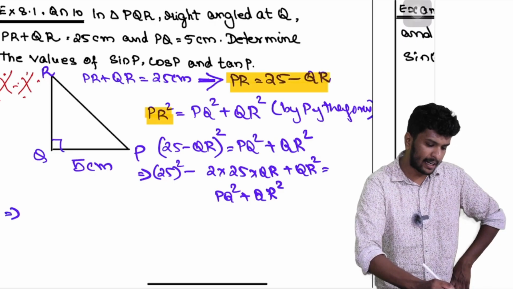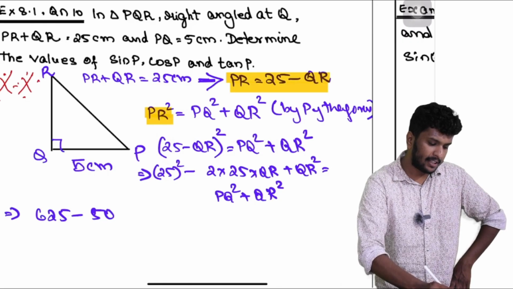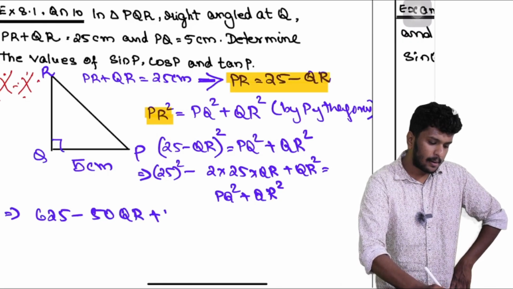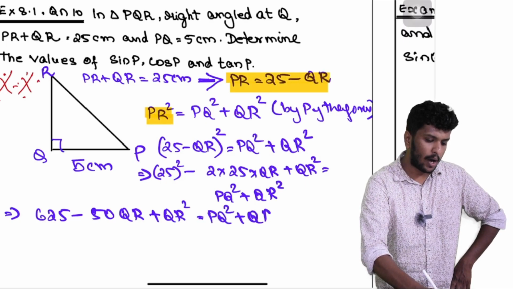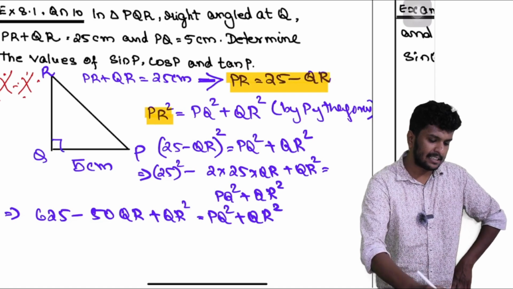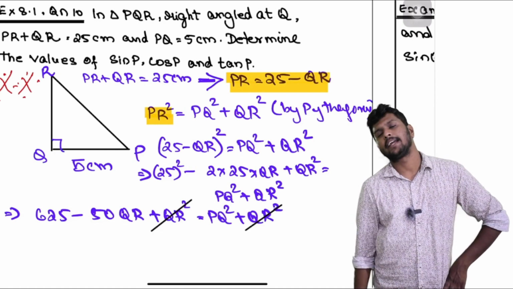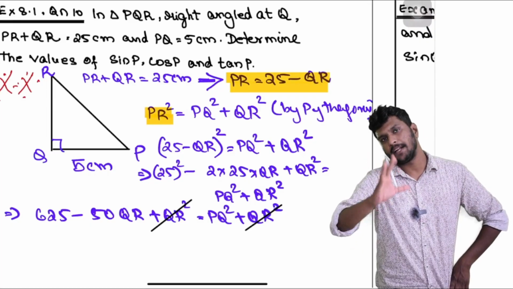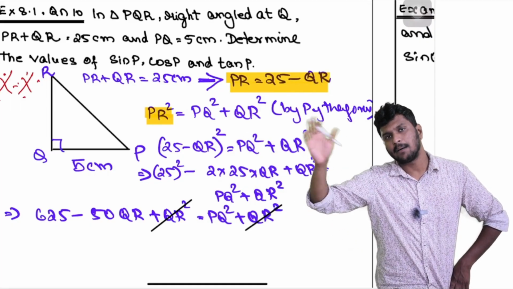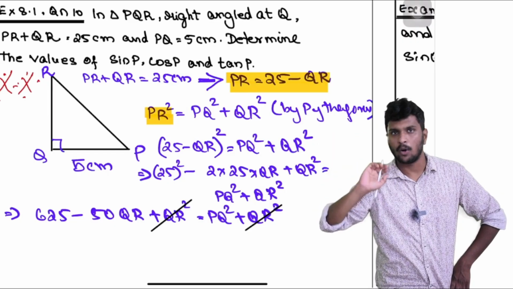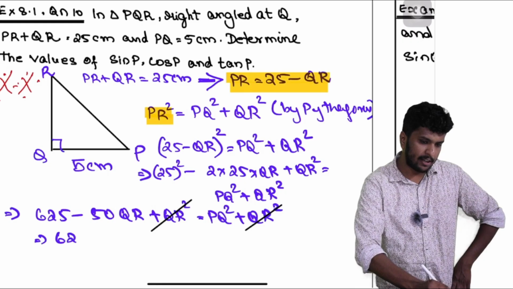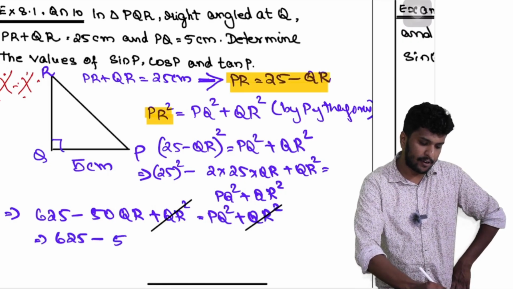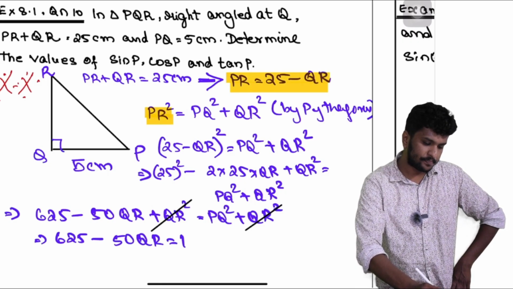I can write 625 minus 50 QR plus QR square equal to PQ square plus QR square. Now QR square and QR square can be cancelled, because if I bring QR square to the right, it becomes QR square minus QR square, which is 0.